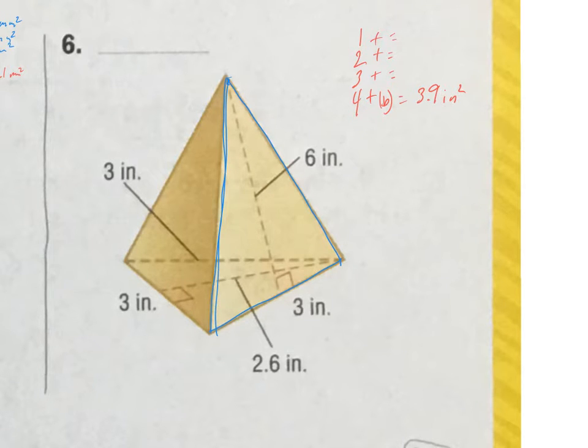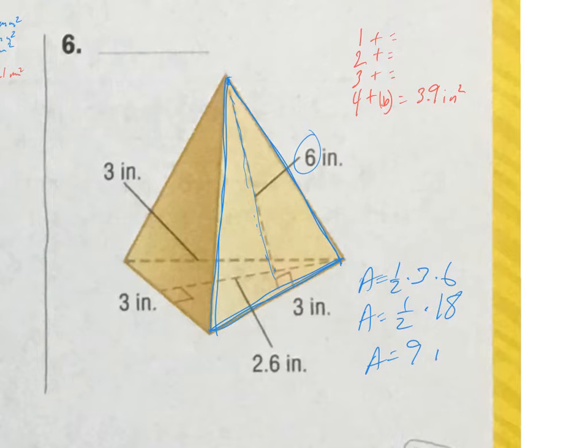So each of these 3 triangles is going to have a base of 3, area equals 1/2 times 3, and a height right here of 6. So area equals 1/2 times 18, area equals 9 inches squared.